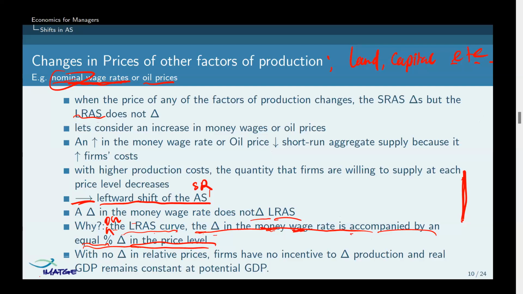Remember, that's where your labor unions argue that inflation has increased by 2%, so therefore nominal wage rates also have to increase by 2%. So firms will not be moved by that. That's why we're saying changes in cost of production don't affect the long run aggregate supply curve. With no change in relative prices, firms have no incentive to change production, and real GDP remains constant at the potential level of GDP.